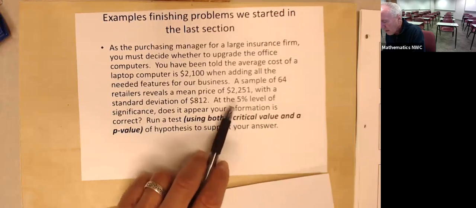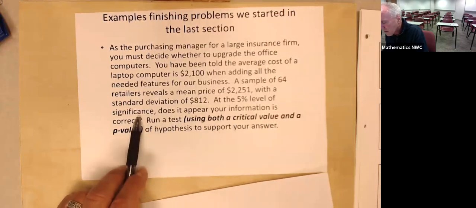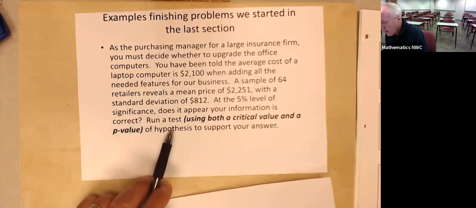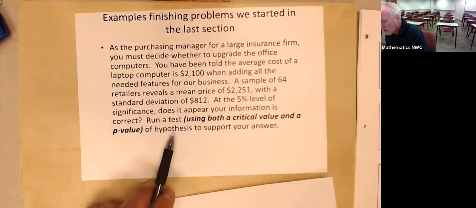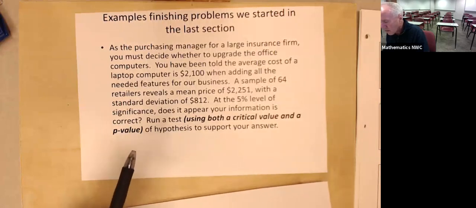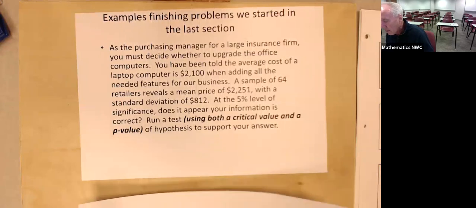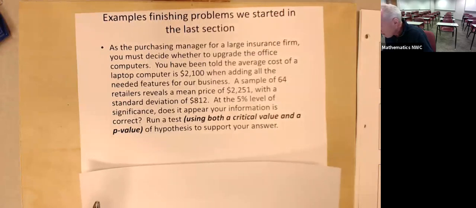It says at a 5% level of significance, that's like saying alpha is 5%. They're asking us to run a critical value as well as a p-value test of hypothesis to support our answer. So I'm going to be doing both here. And we'll be doing that quite often here today, just so that you get a sense of both of them, all right?